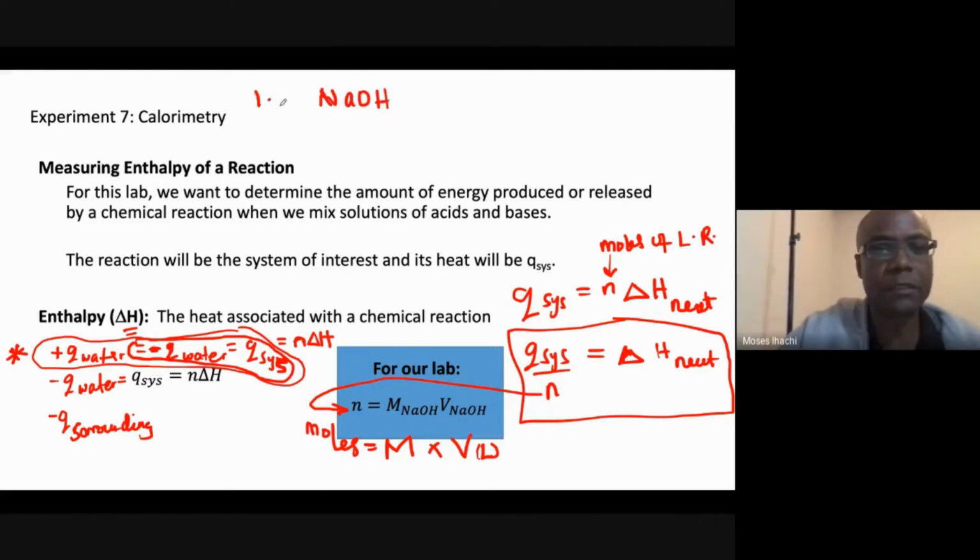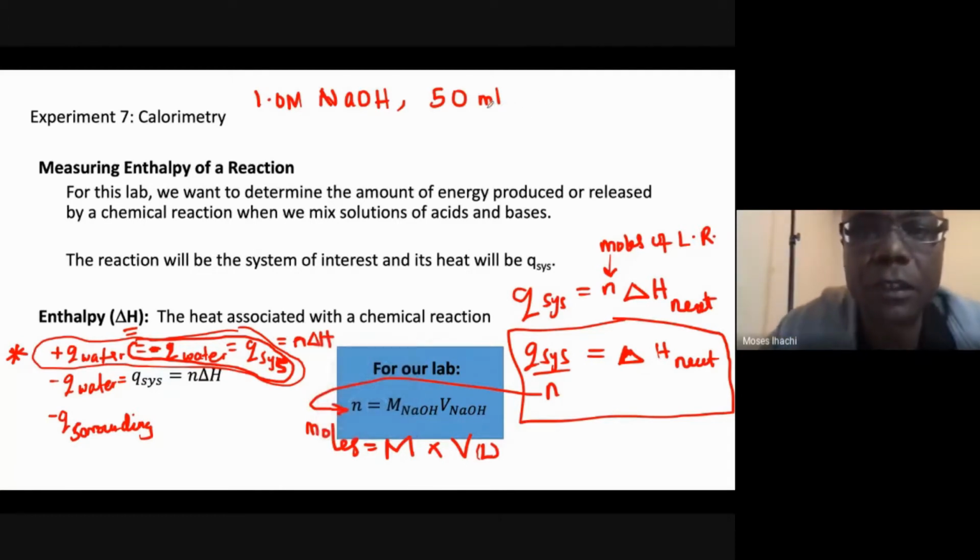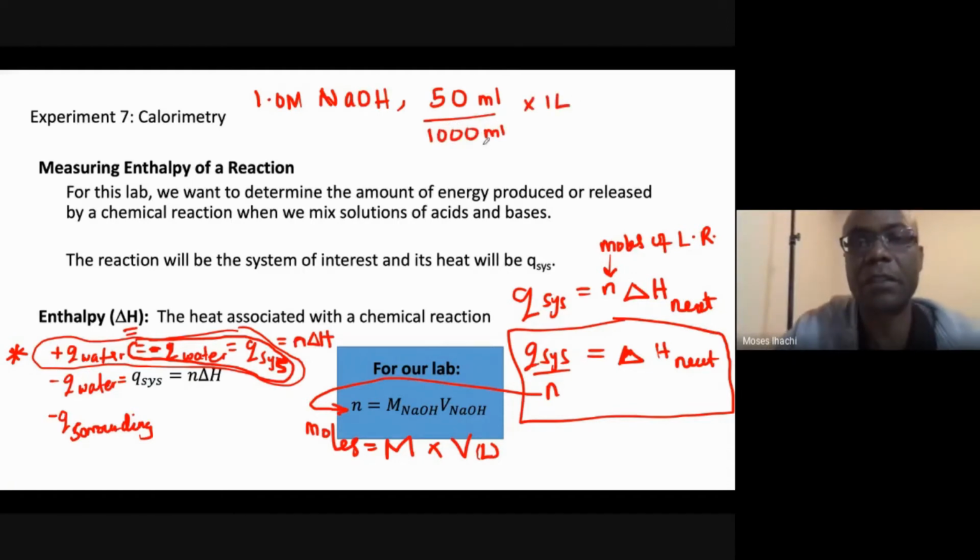Its concentration is 1 molar. The volume you need to measure is 50 mL. So convert the 50 mL to liters: divide by 1,000 mL per 1 liter, because 1,000 mL is equivalent to 1 liter. You're going to get 0.05 liters of sodium hydroxide.